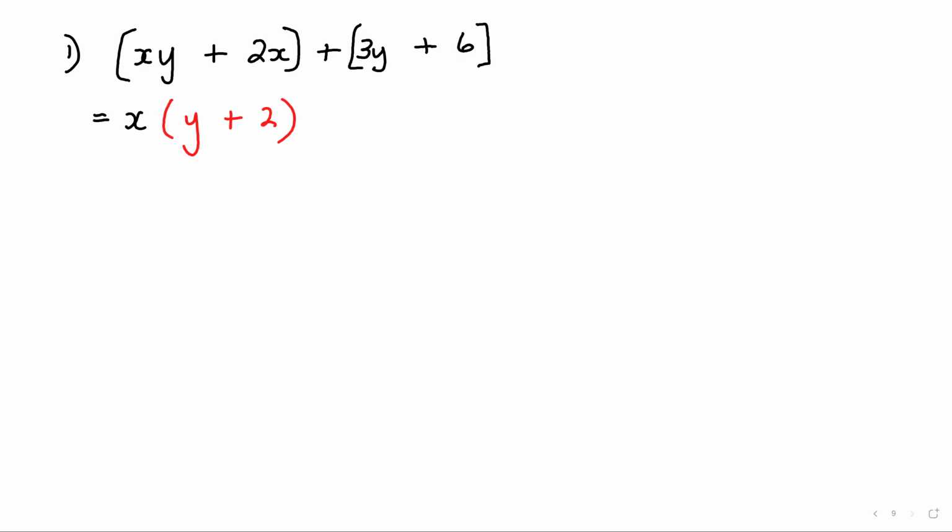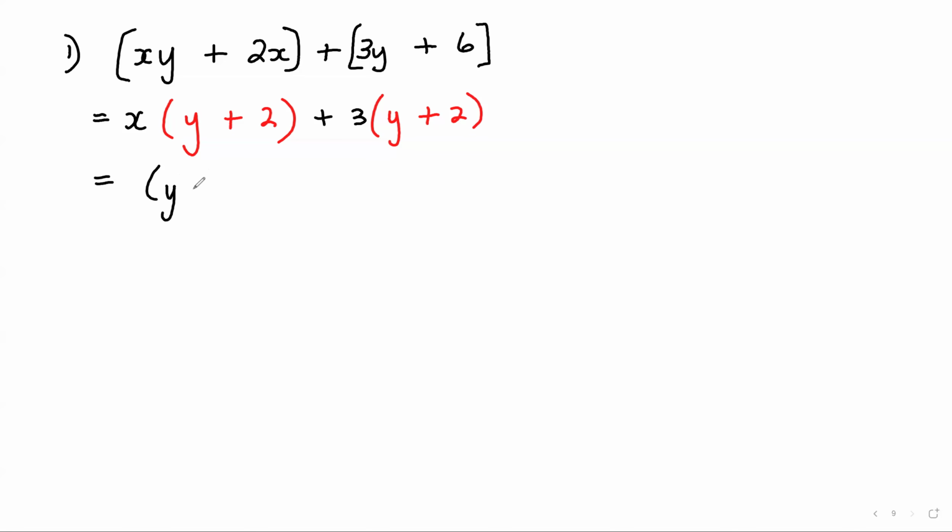The second factorization, I'm bringing down this plus sign. Your sign is important, by the way. The common factor between 3y and 6 is 3. And then factorizing, 3 times y gives me 3y, and 3 times 2 gives me 6. So my common factor here, my repeated factor, as you can see, is y plus 2.